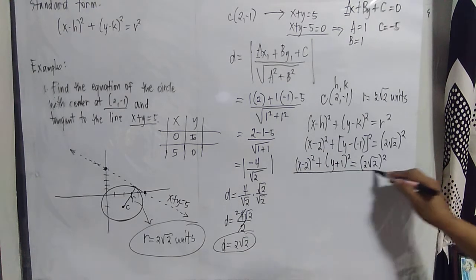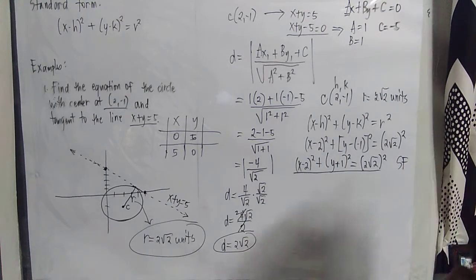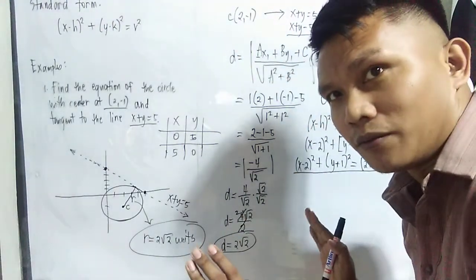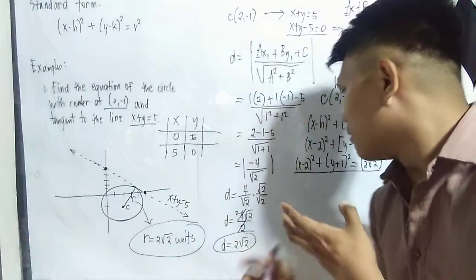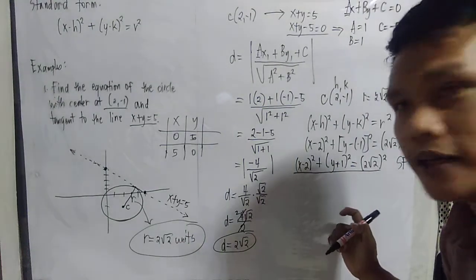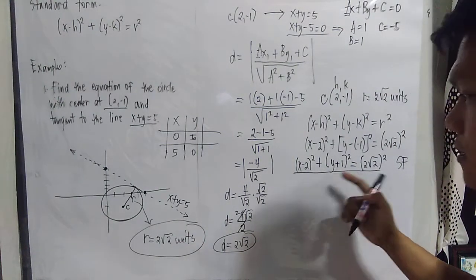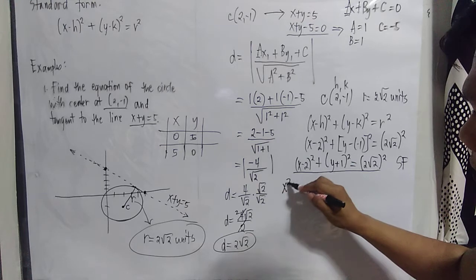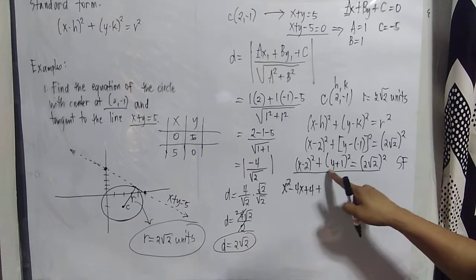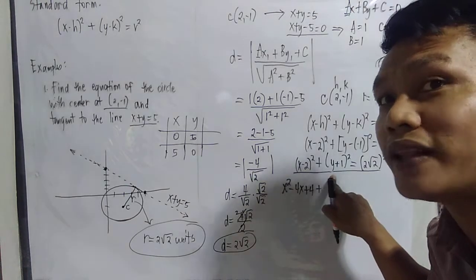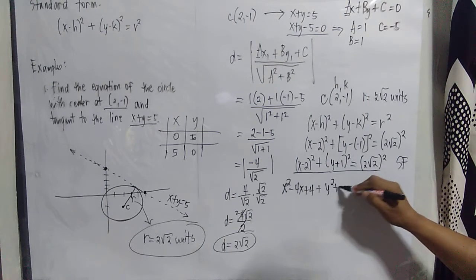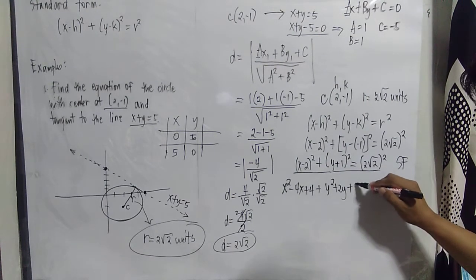And this equation is what we call the standard form of the equation of the circle. So simplifying or expanding further, we will have our general form. Let us simplify this. So we have x squared minus 4x plus 4, plus, we are just expanding the binomial square, y squared plus 2y plus 1.